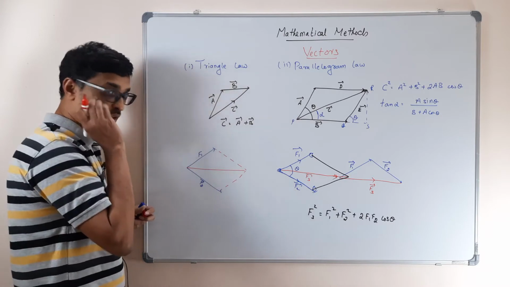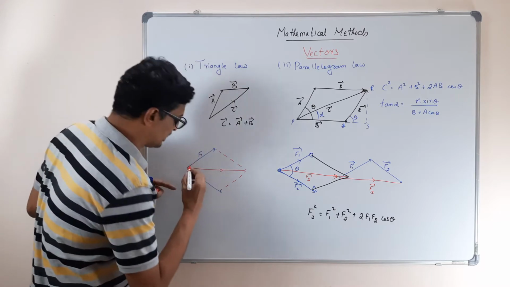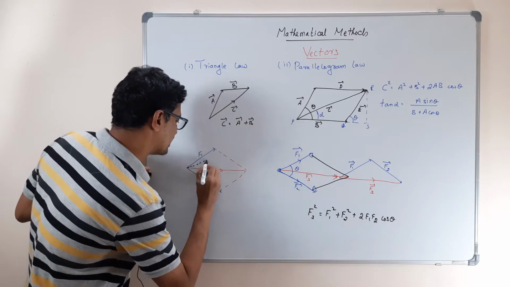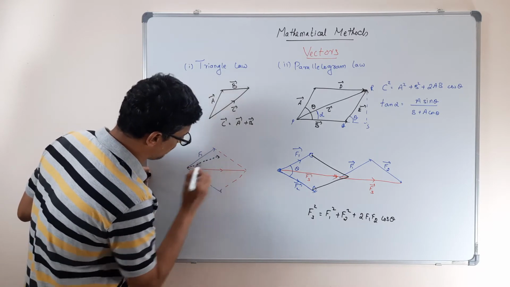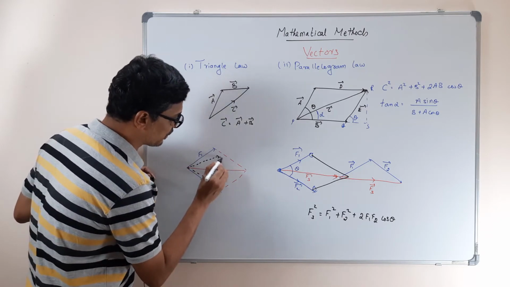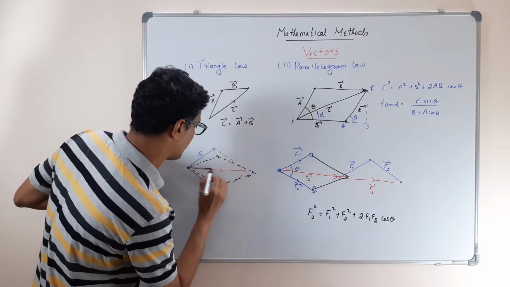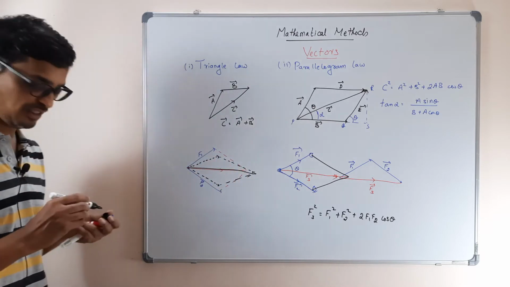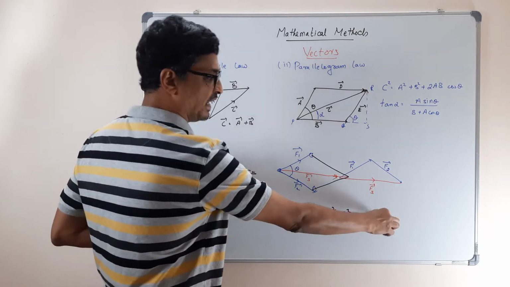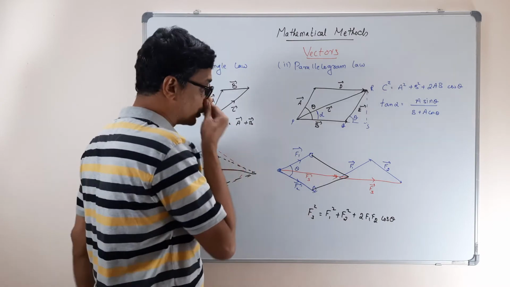Now the magnitude of this resultant vector will increase if the angle between the vectors becomes smaller, with the same magnitude but a reduced angle. Your parallelogram will be something like this, so the resultant magnitude will increase. Even though F1 and F2 are the same, as you reduce theta, your F3 magnitude will keep increasing. So this is the reason.